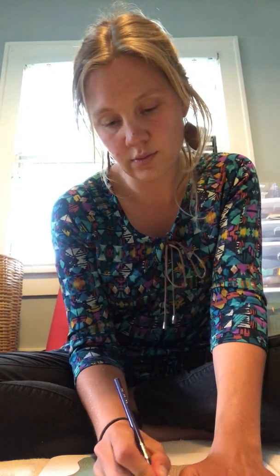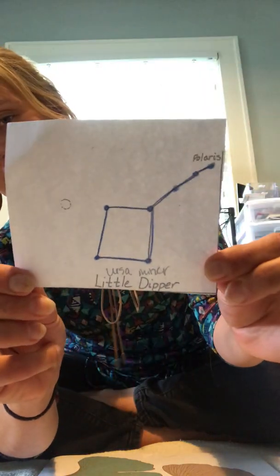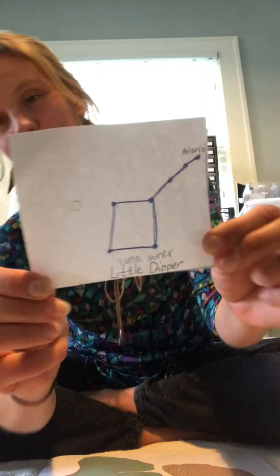I'll do mine, and then I'll show you. Okay, see, I just colored the dots and then traced my Little Dipper. I'm going to set it over to the side.